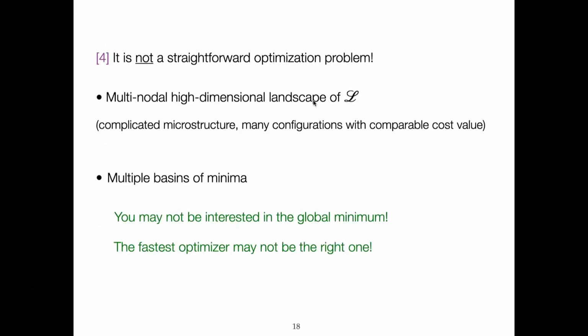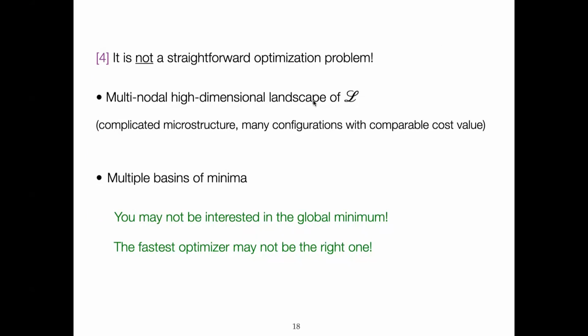The fourth point is that, unlike what we were expecting, adding more operators is not a straightforward optimization problem. And this is indeed very similar to what people encounter when they try to do similar optimizations for parameters in neural networks in machine learning. There you have the parameters of the neural network, and you have some cost function that you try to minimize as you train the neural network.